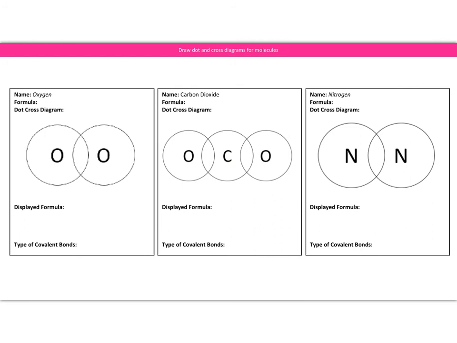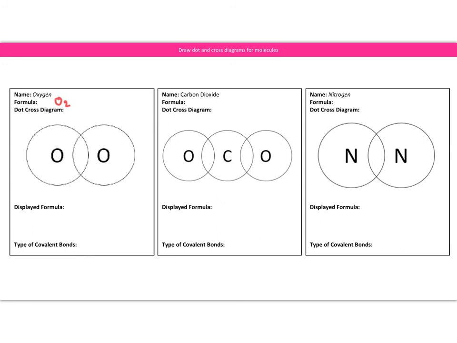Alright, so now we have some more. We have O2, so oxygen on its own. Okay, so oxygen is in group 6. 8 minus 6 is 2, so there are 2 covalent bonds, 2 pairs of crosses and dots.